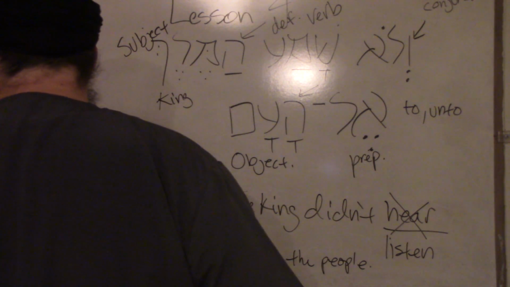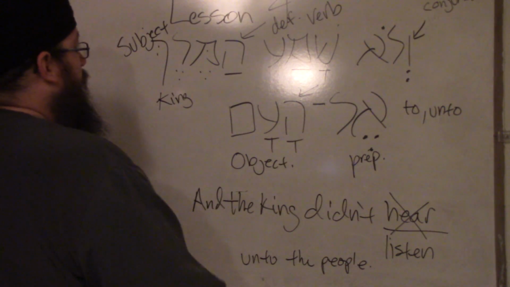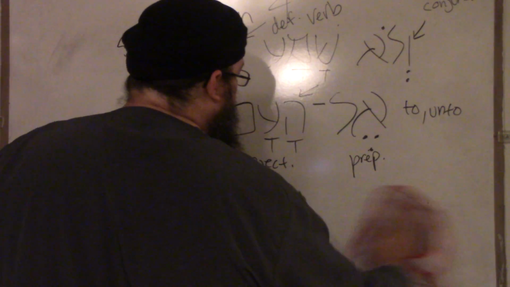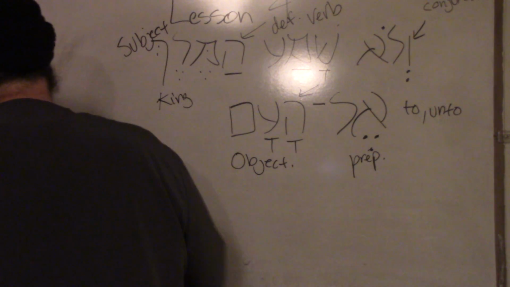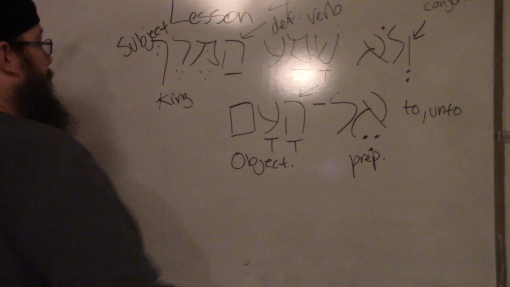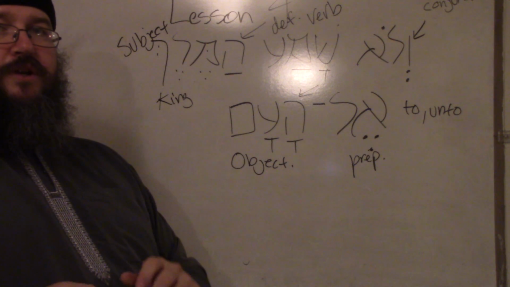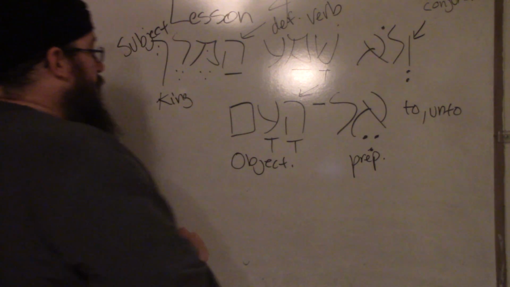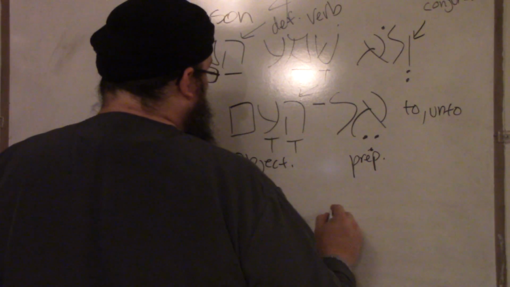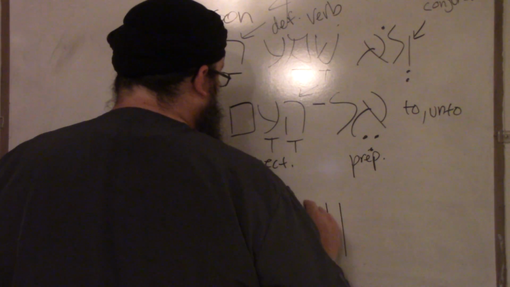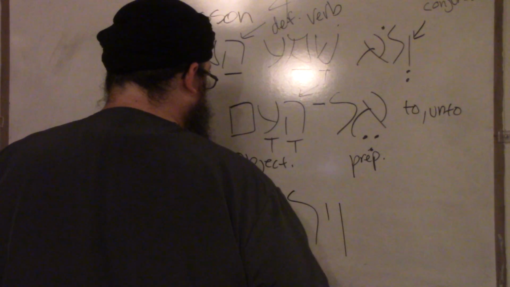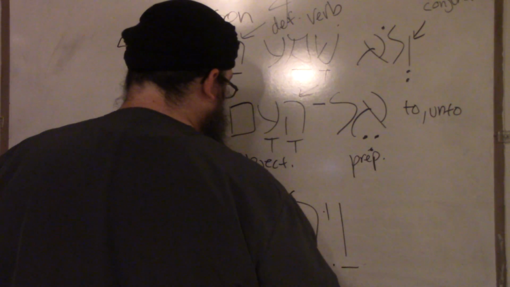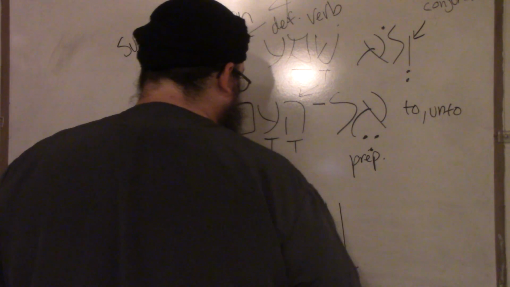So what's the other element we're going to focus on? Well, here we have to now look at the verb. Remember, I told you there are different classifications that different verbs fall underneath, okay? In lesson number 3, we had the word vayelech, okay?